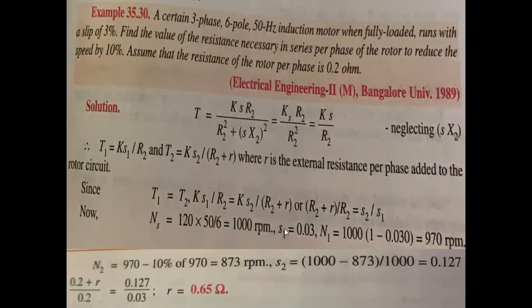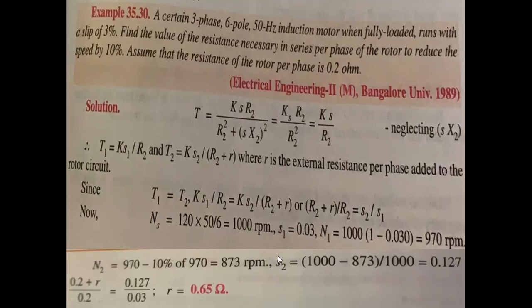From this you will calculate S2. S2 is (Ns minus N2) by Ns, that is equal to (1000 minus 873) by 1000, which is 0.127.